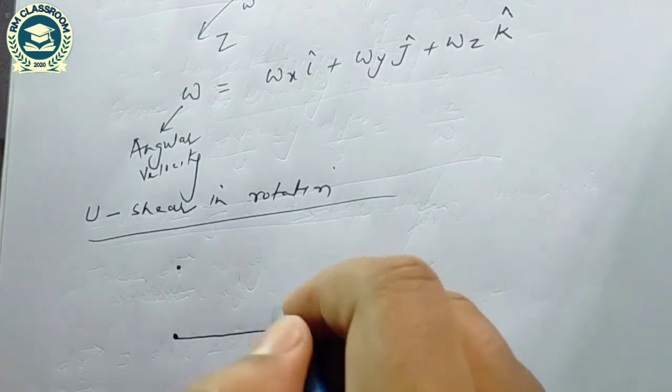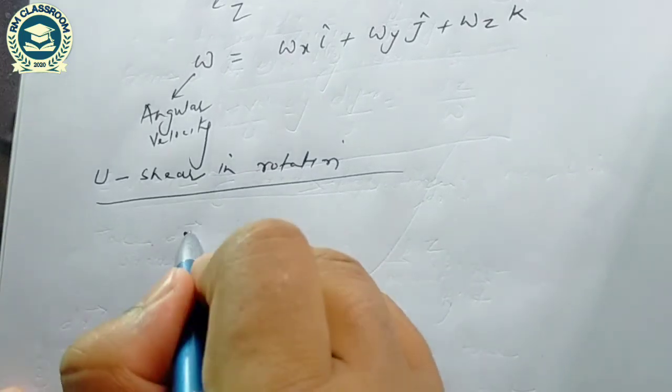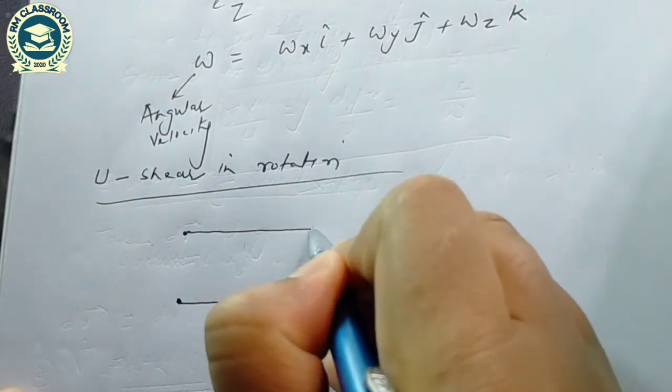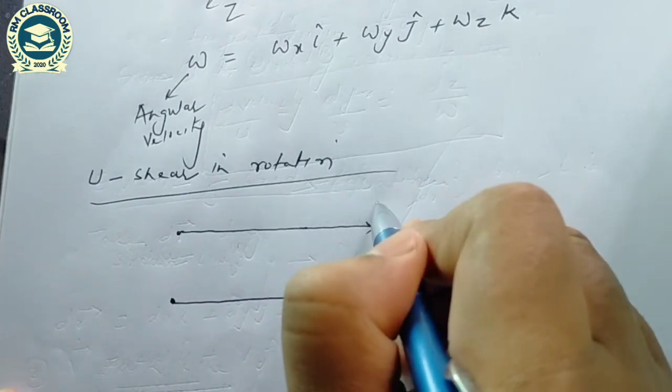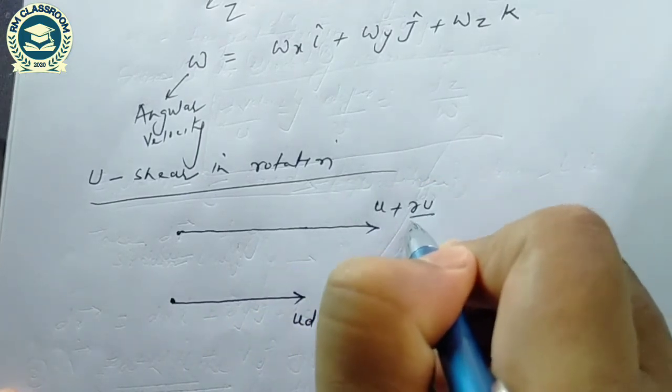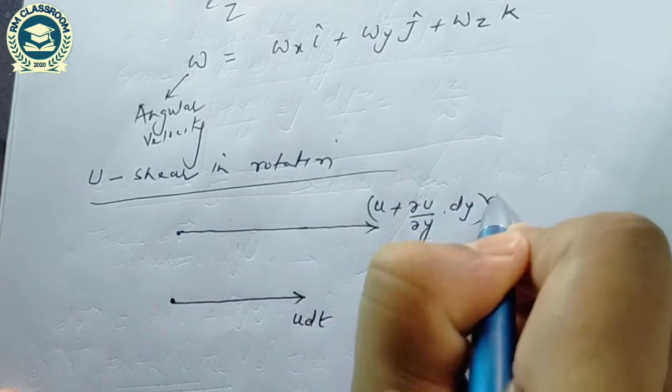U shear means U into dt, here U plus del U by del y into dy into dt.